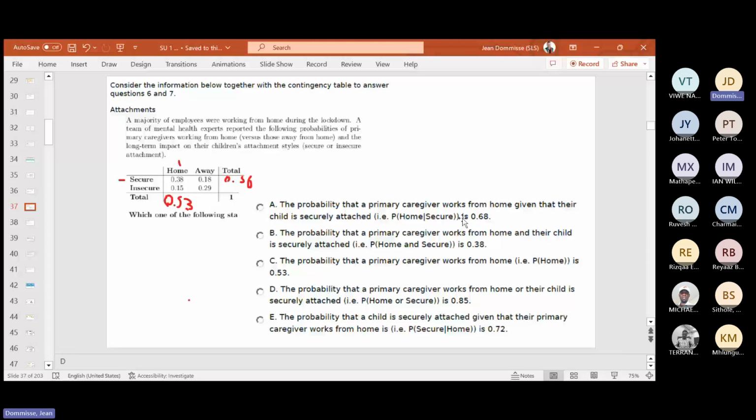Just get my calculator to work out that. Okay, so is the first one correct or incorrect?